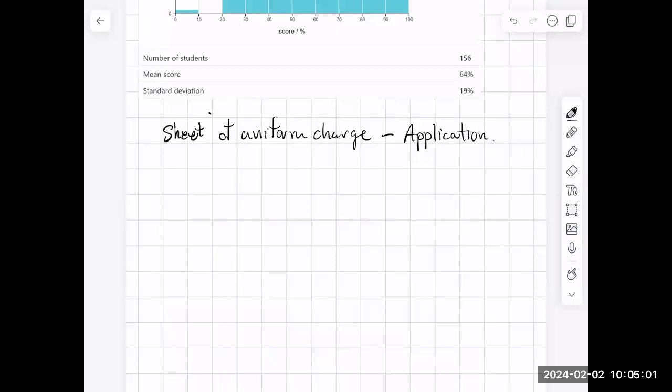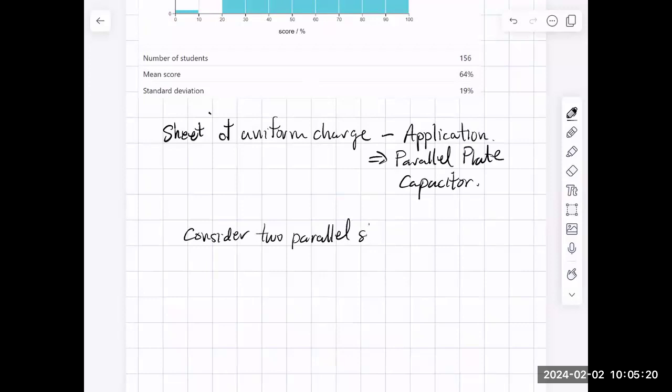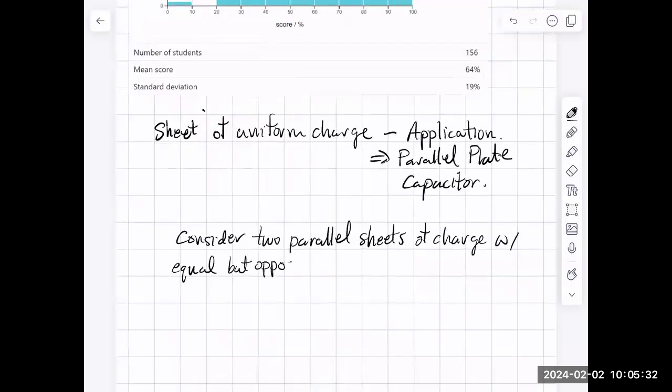Our application is going to be to make a parallel plate capacitor. So we're gonna consider two parallel sheets of charge with equal but opposite charge per unit area.